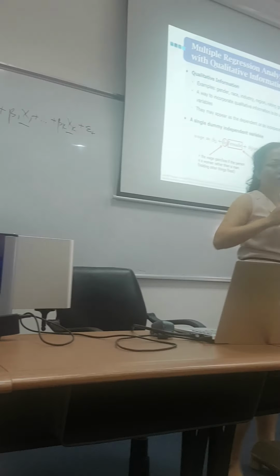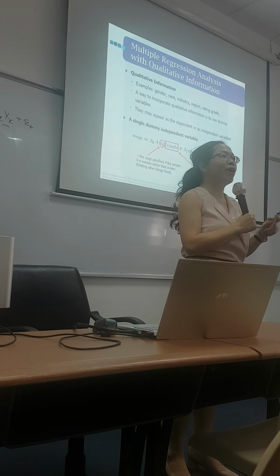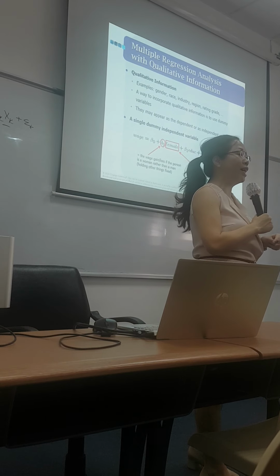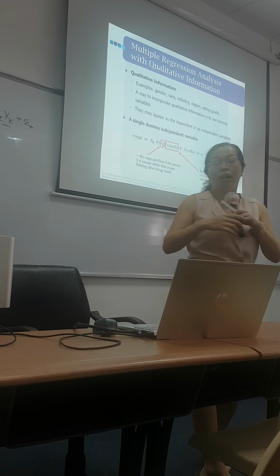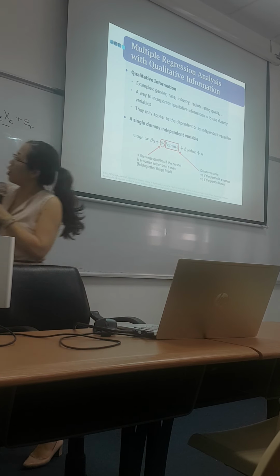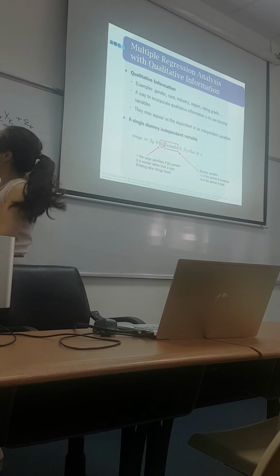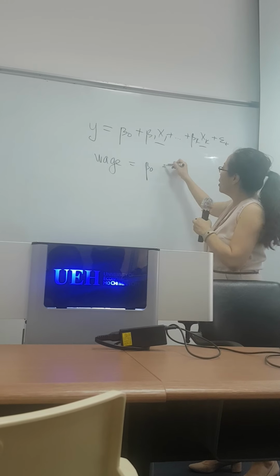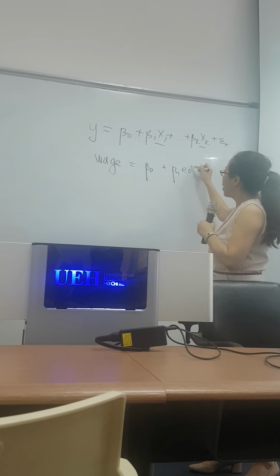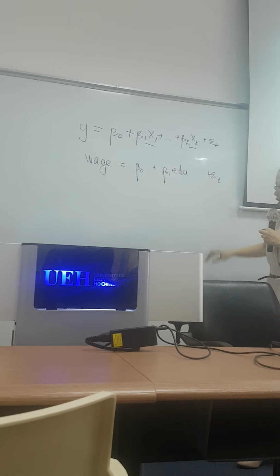Qualitative information can take the form of, say, gender. We may want to see whether there is any difference between the genders affecting wage. Assume before we had a equation like wage equals beta 0 plus beta 1 education plus an error term.